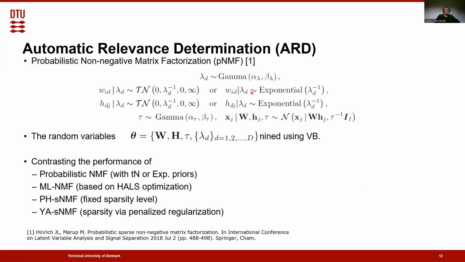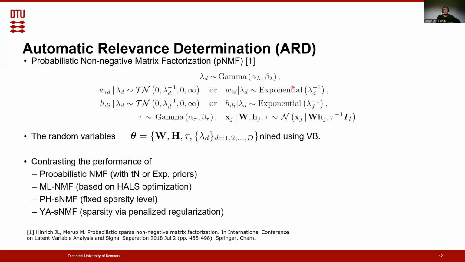So to start with an easy example, take a non-negative matrix factorization, or NMF. Basically here we specify automatic relevance determination of each of our components, and then we investigate whether we should model our W and H as truncated normal distribution or as an exponential distribution.